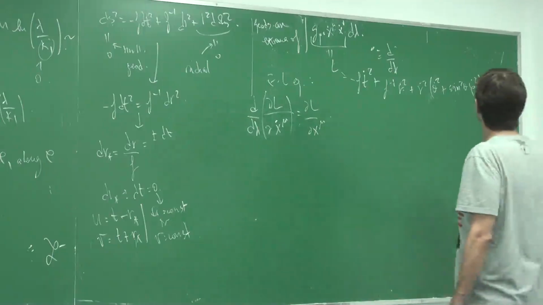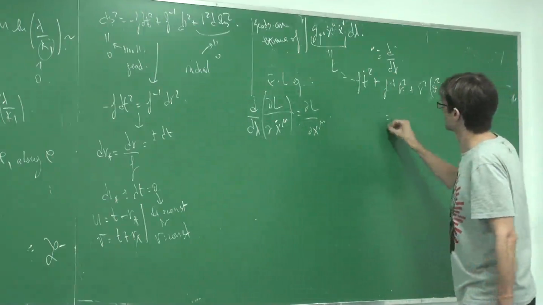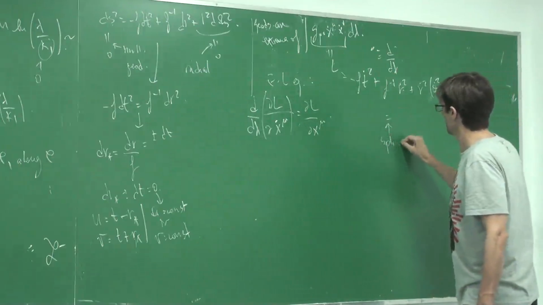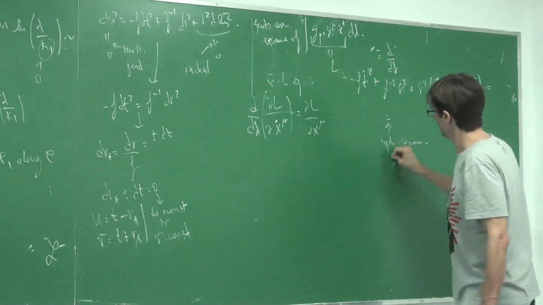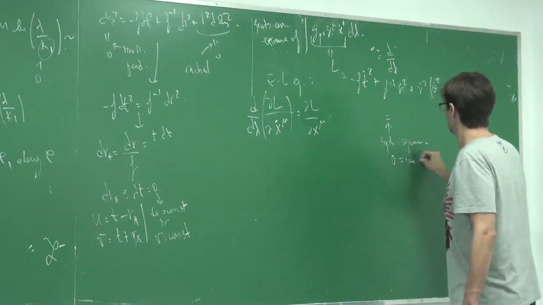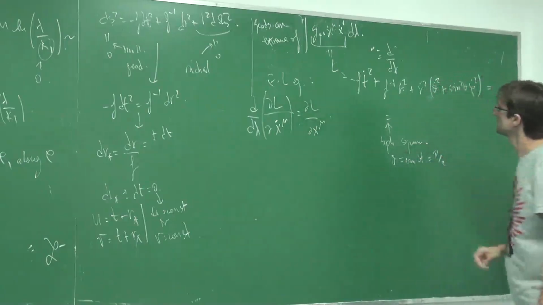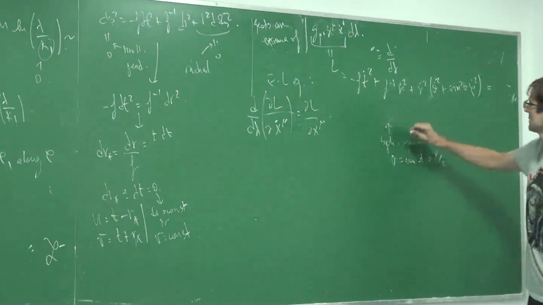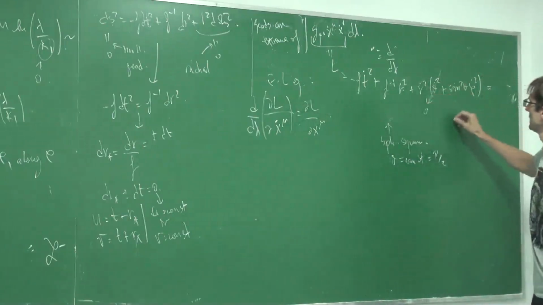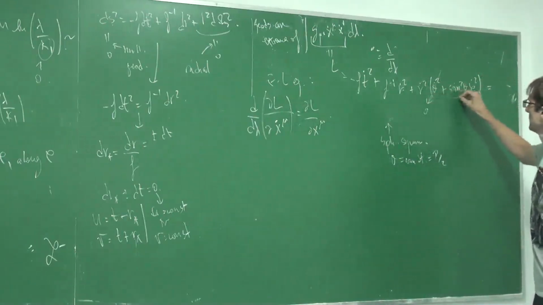Spherical symmetry allows you to put everything at theta constant, and so you choose pi over 2. So this would be 0, and this would be 1.